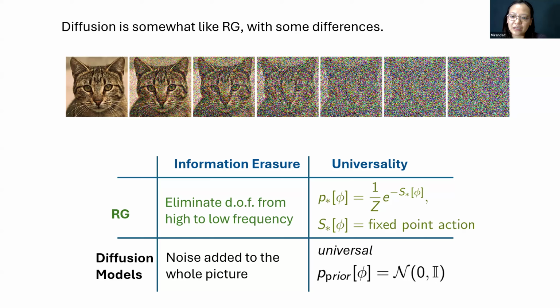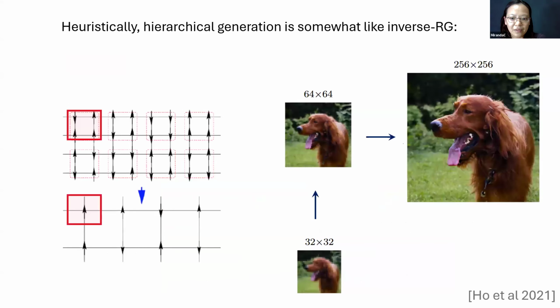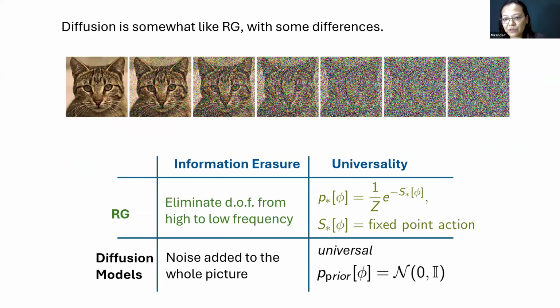And in the RG case, this universal distribution is replaced by some fixed point action, so it's a little bit different. This difference will later inspire us to take a closer look at the diffusion model.